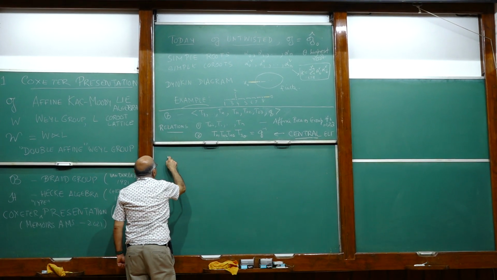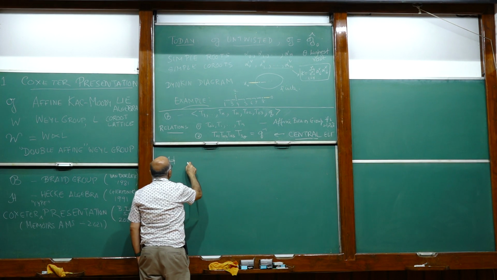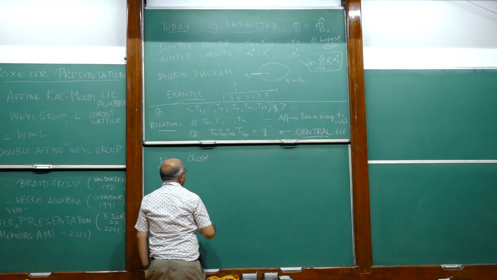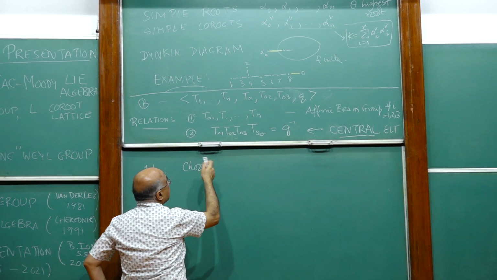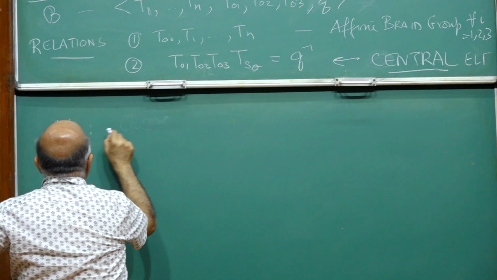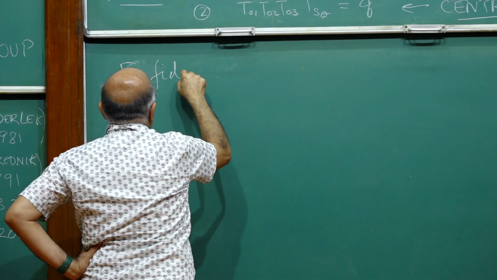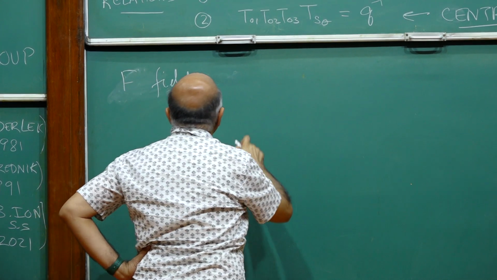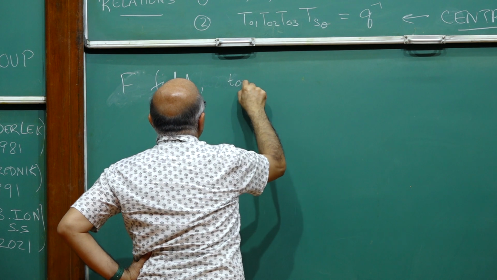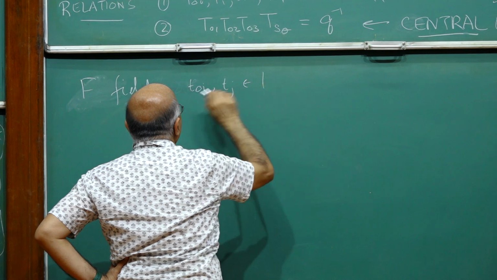Okay, for the Hecke algebra, you choose parameters. So you take some field F. So I choose k_0i and k_j.